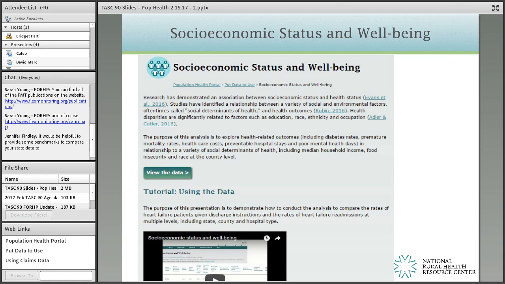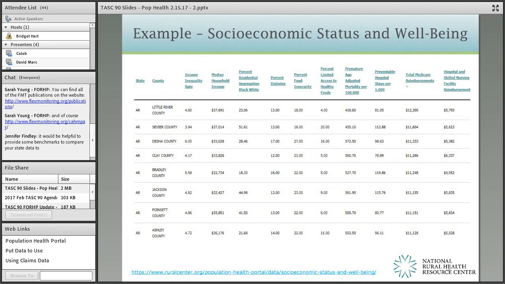The second one here is the socioeconomic status and well-being, and this was a new scenario we just added in January. And this looks at the connection between socioeconomic status and health status, as John was just discussing. And this is the landing page, which gives some background on why we selected the scenario and what it will look at.